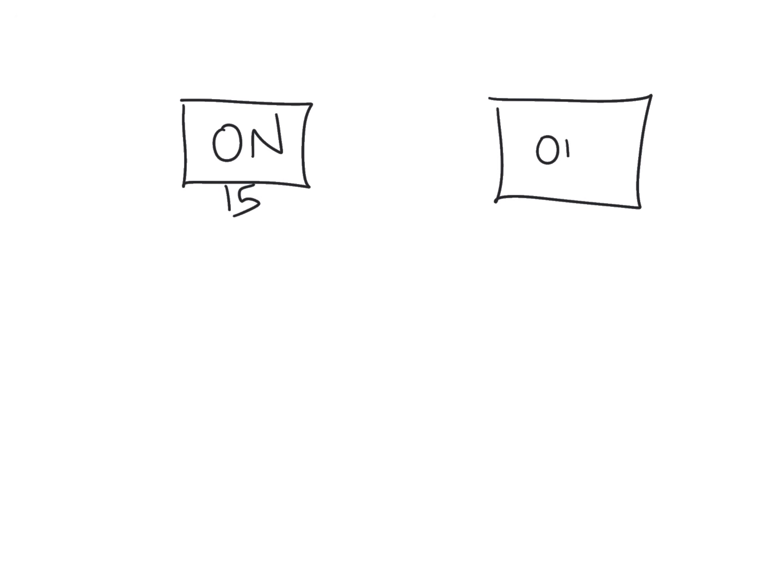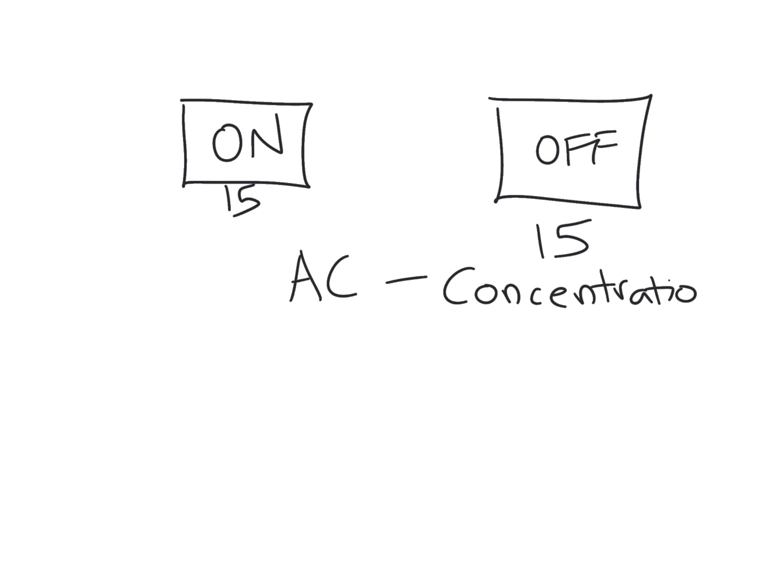We have the AC on group, 15 participants here, and we have an AC off group, 15 participants here. AC is the IV and concentration is the DV. So the two conditions that we have are AC on, which is the experimental condition, and the control condition of the AC off, and 15 participants in each.